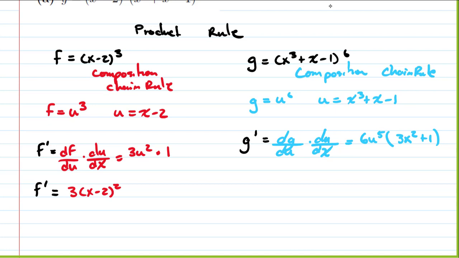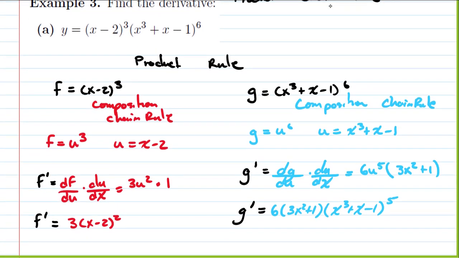So finally, back substituting all of that out, my u is x cubed plus x minus 1. So I get 6 times 3x squared plus 1 times u to the 5th, which is x cubed plus x minus 1, all raised to the 5th power. So now I've popped in and out of my chain rule twice to find f prime and g prime so that I could go back to using my product rule.